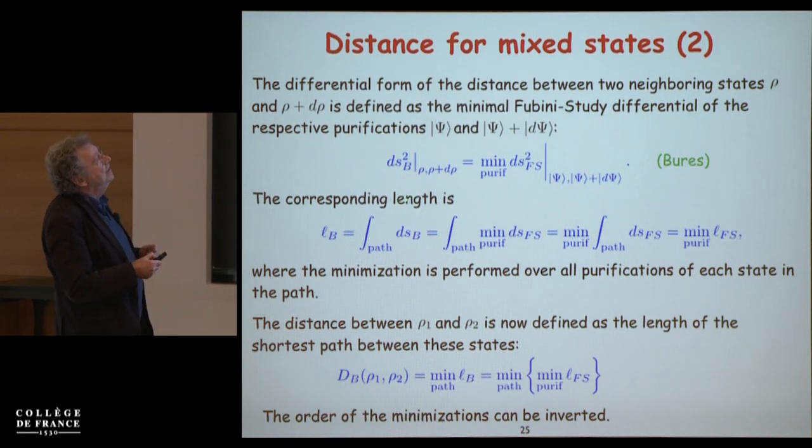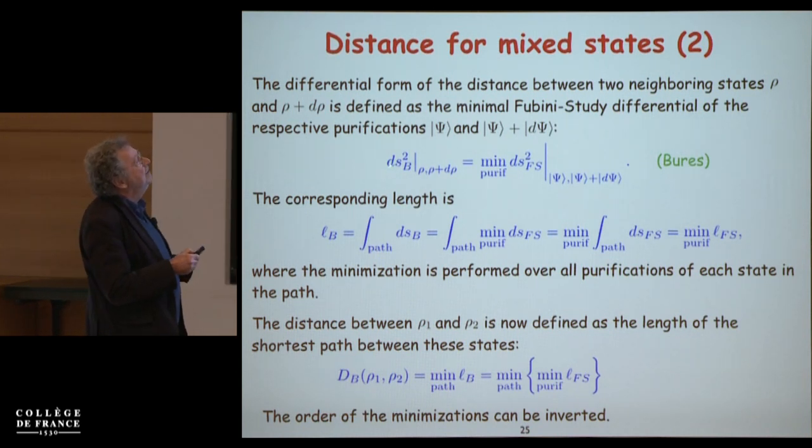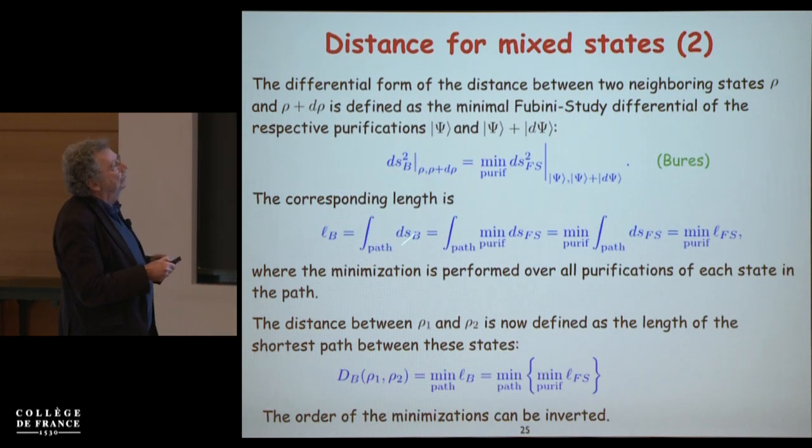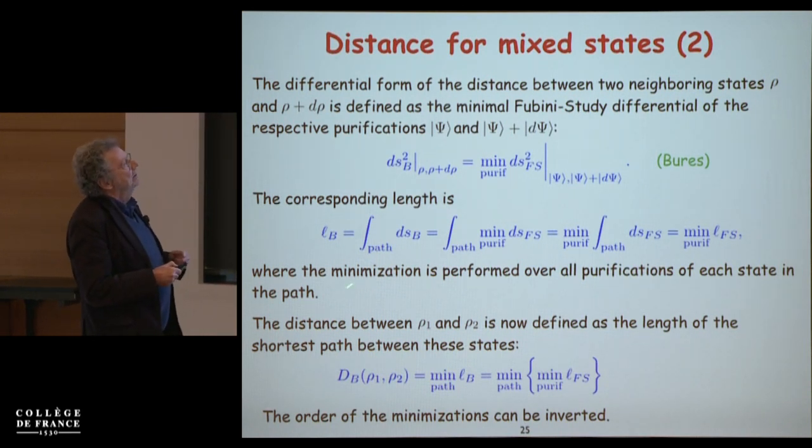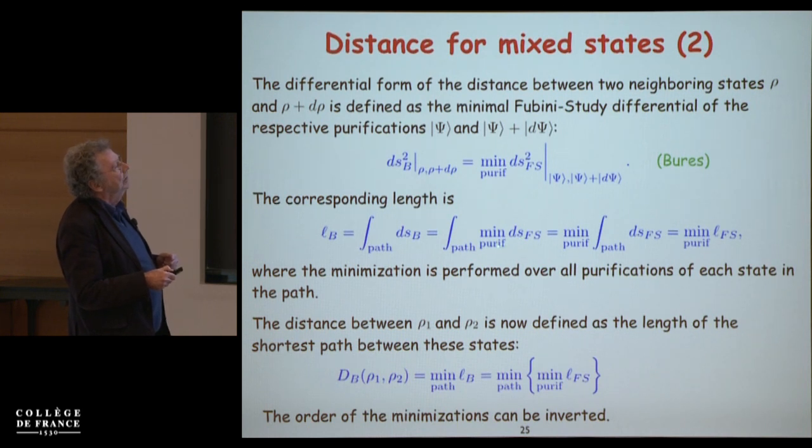Now, the corresponding length is given by the integration of this over some path. Now, again, remember that this is given by the minimum of the Fubini-Study metric over all possible purifications. And this should be done for all purifications of each state in the path. Okay? And the minimum we can take out of the integration if you understand that the minimum is given by that.